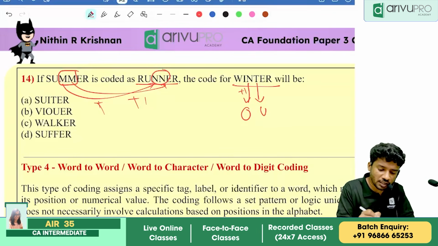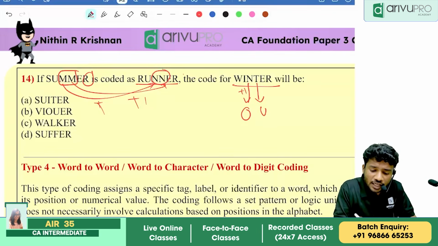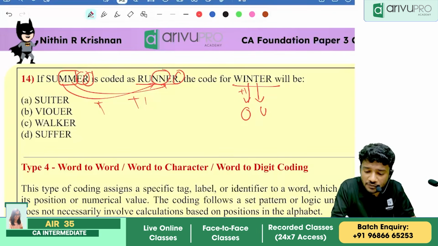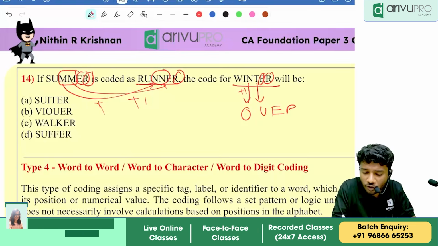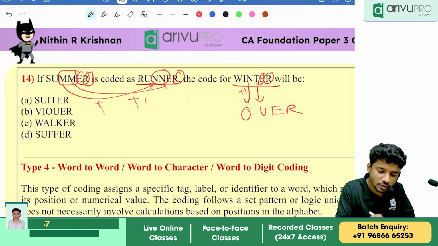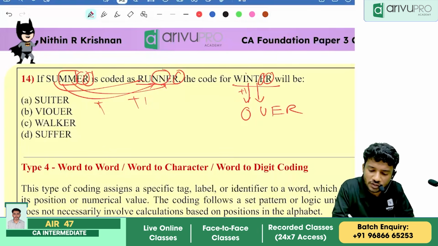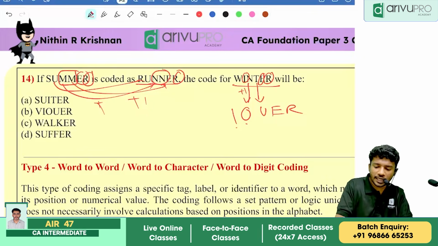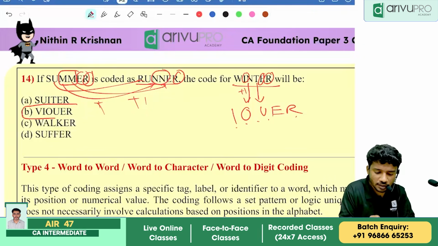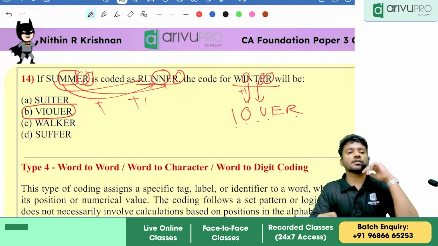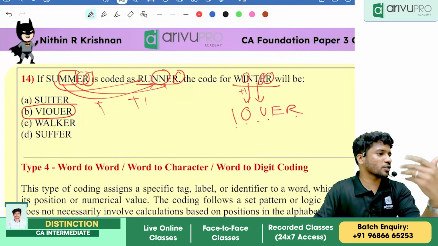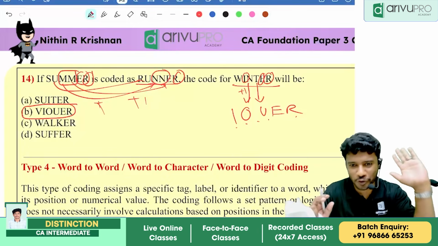Now people check here. R is the same itself. E is the same itself. That means ER should be there no matter what. Then check the next one. Summer. U also is the same. That means I should be there. IOUER. Where is that? Option B is the answer. Okay, you don't need to check this much. You can directly go for the answer. I was just showing you that.